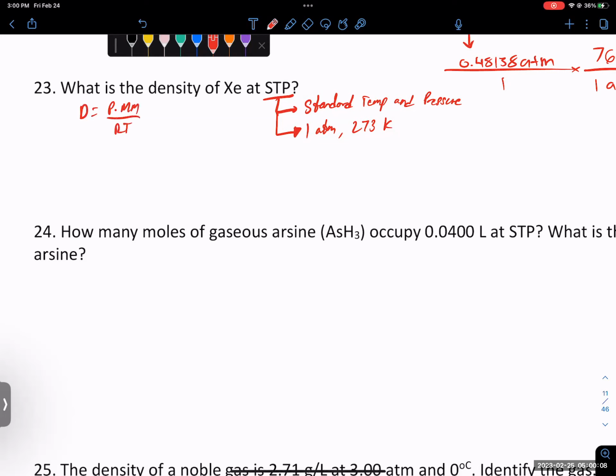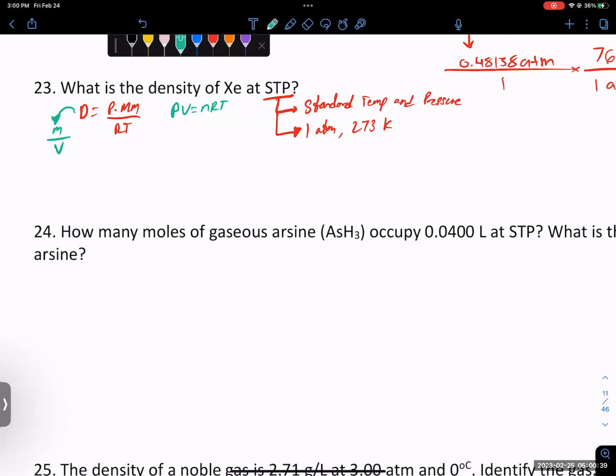But in case you forgot, let's see how we get it. We know PV equals nRT, and we need to get to density. Density is mass over volume. So first we need to get mass in there.